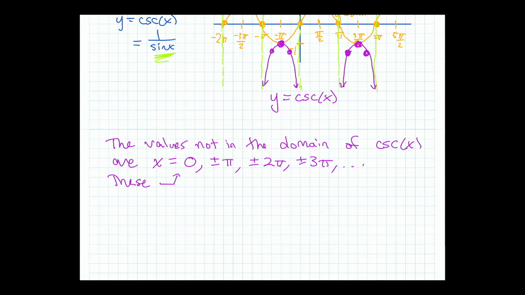These are also the x values of the vertical asymptotes, same ones. Now, what else can we do? We had to talk as well about where the graph is 1 and where the graph is -1.